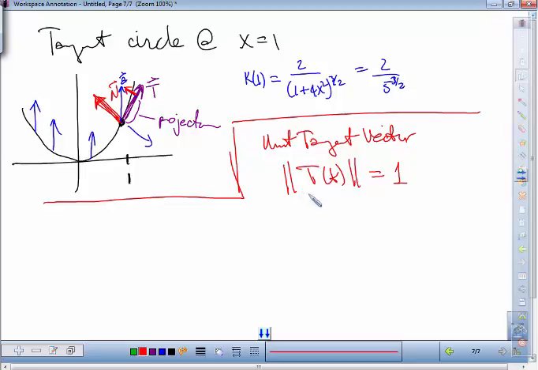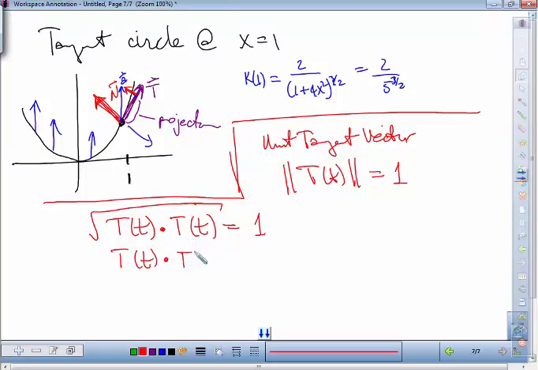It turns out that if we rewrite this, this is the same thing as T(t) dotted with T(t), with a square root. So if we square both sides, we have T(t) dotted with T(t) is equal to 1 squared. That didn't change anything.